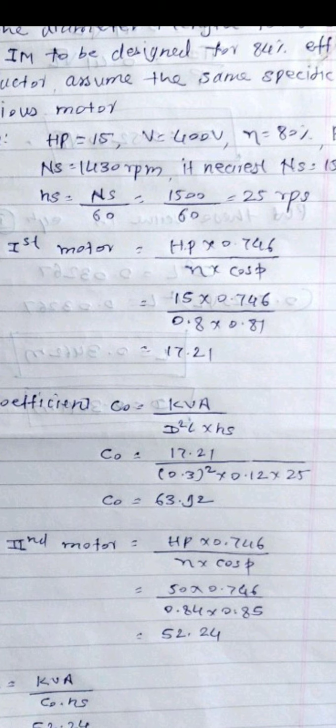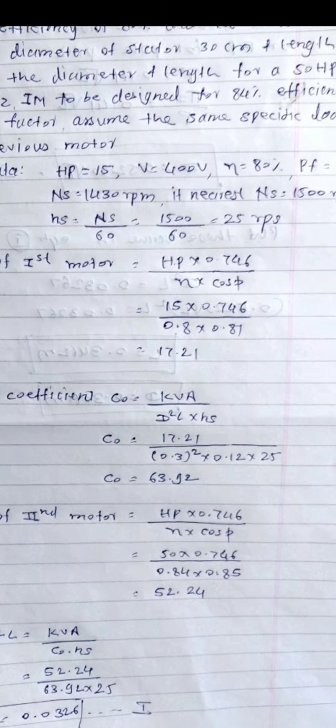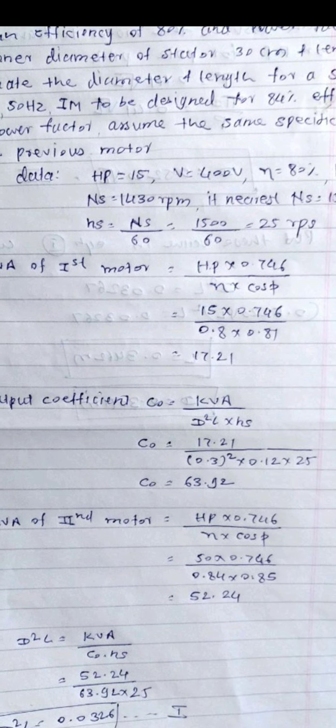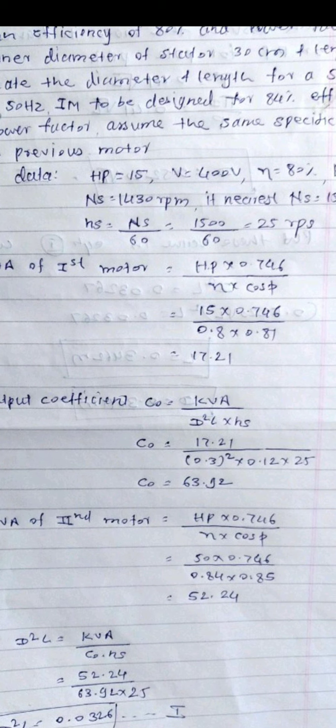They have also given the diameter and length of the first motor. Diameter is 30 centimeter and length is 12 centimeter, so it should be converted to meter. So let's start. The first motor kVA is nothing but HP into 0.746 divided by efficiency into cos phi.